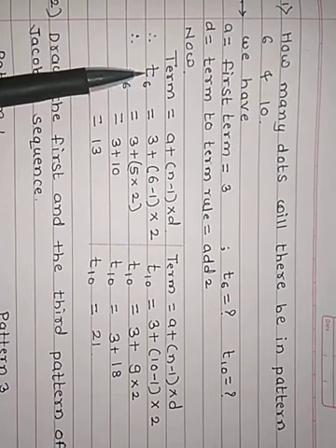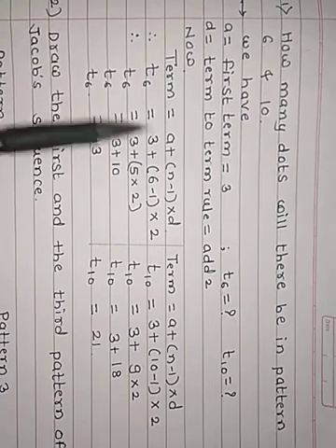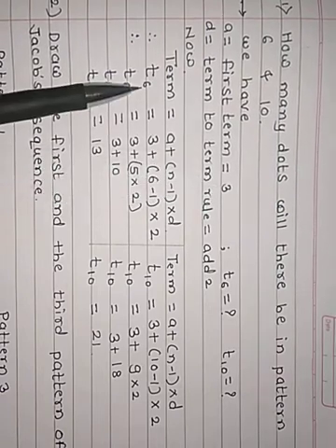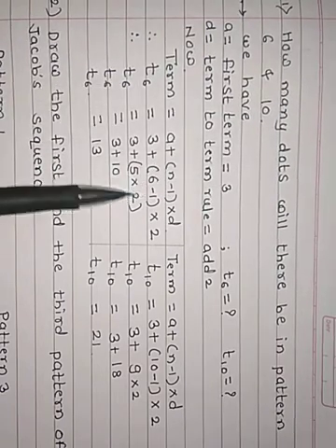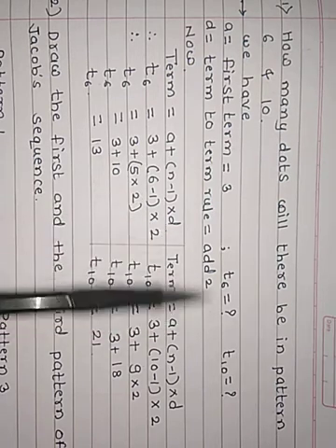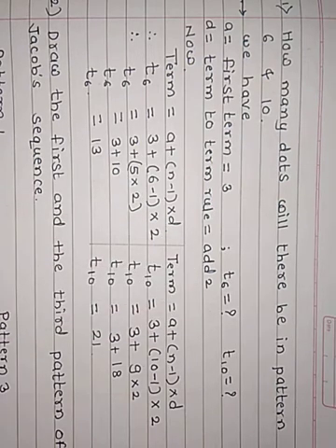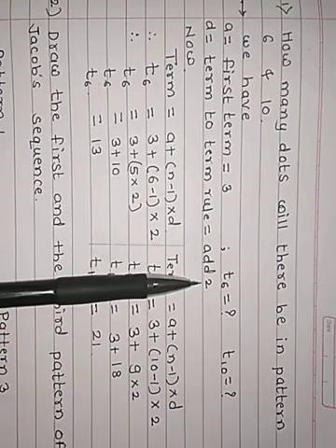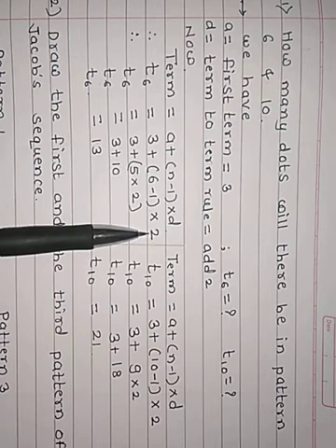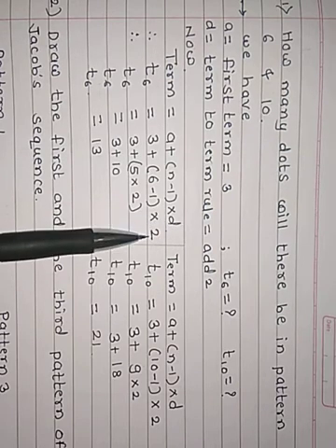Which term do we have to find? The 6th term, that is T6, equals A, the first term of the sequence, that is 3, N means 6 we have to use here, minus 1 into D, which is 2. Here I had written add 2. Add 2 means it is the term to term rule, so don't add 2 here, we have to multiply by 2.